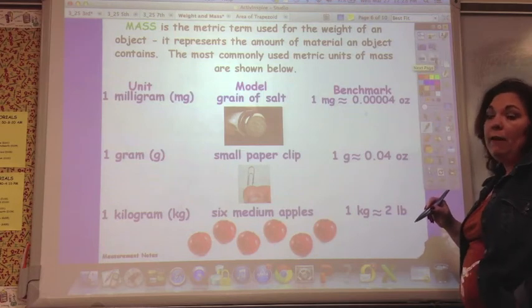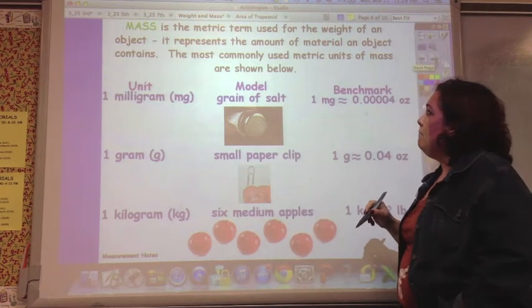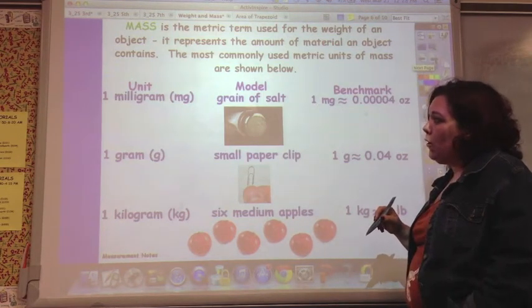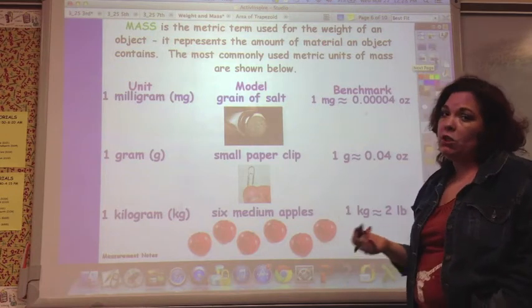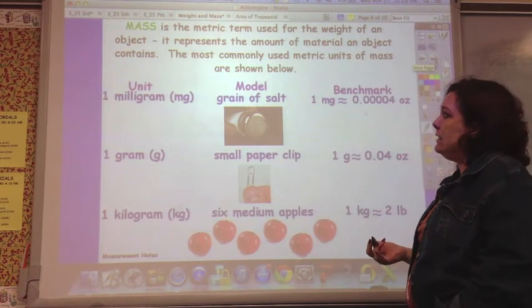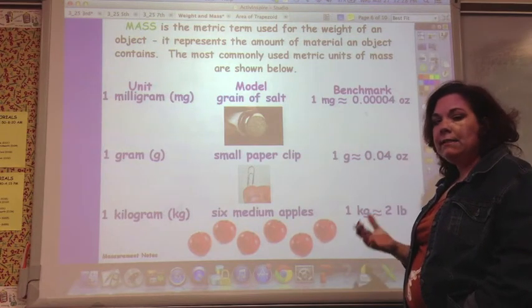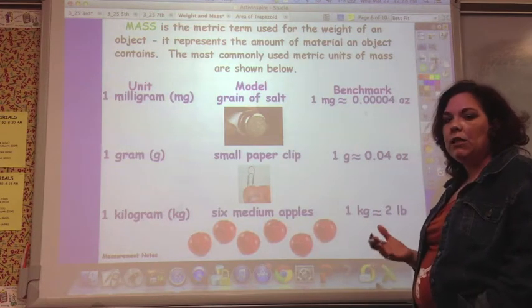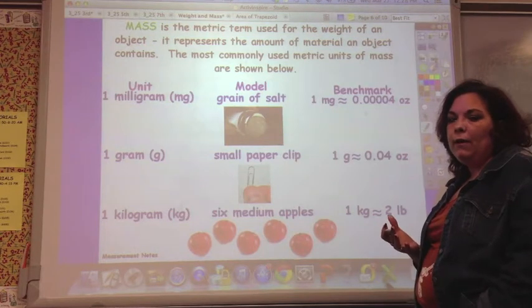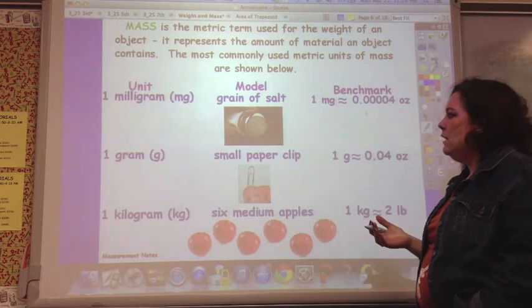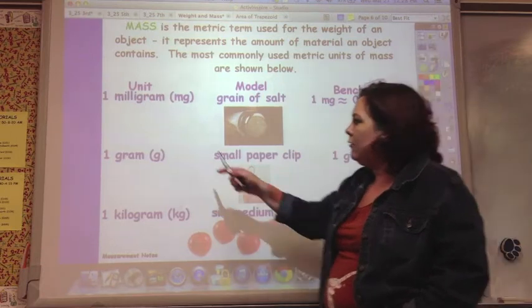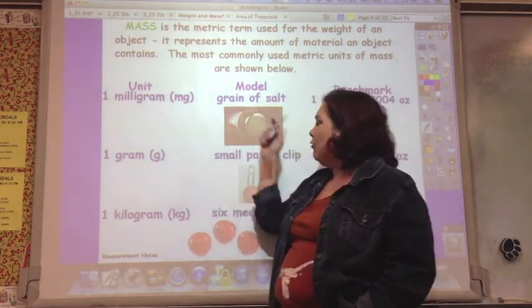Now we're going to talk about mass. It's the metric term for what's equivalent to the weight of an object. It's how much material an object contains. Scientists will tell you it's different from weight, but we compare it to weight. A milligram, mg, is like a grain of salt.